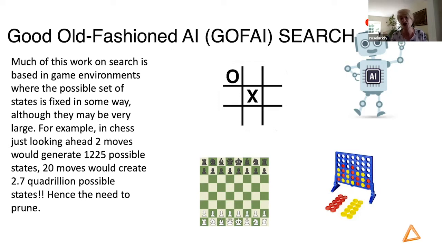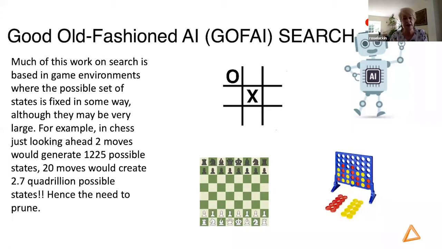And if you wanted to look 20 moves ahead, it's 2.7 quadrillion. And obviously that is a very large number of states. So early researchers came up with different techniques to prune the different states that were available. But it was still a difficult problem to take beyond these small contained environments of games.